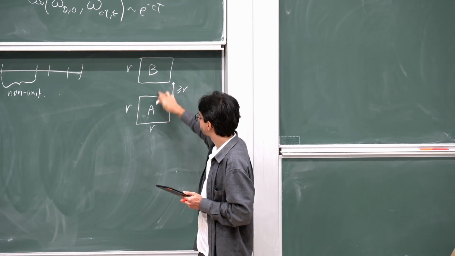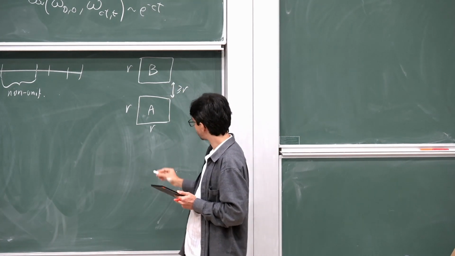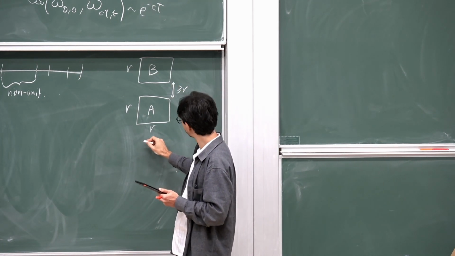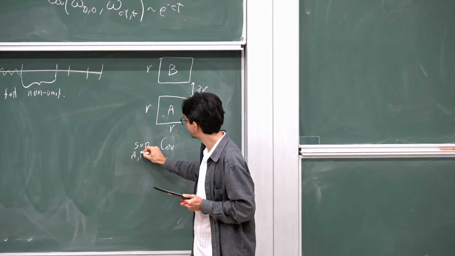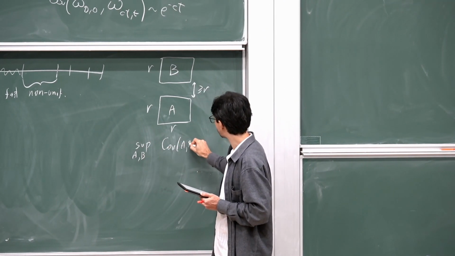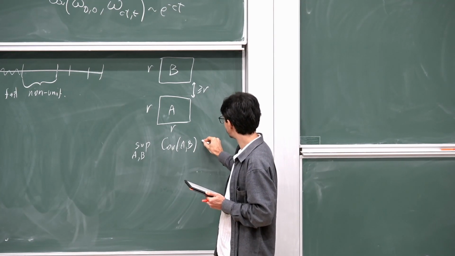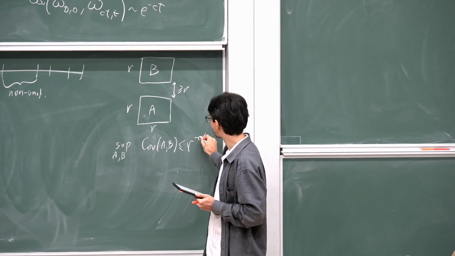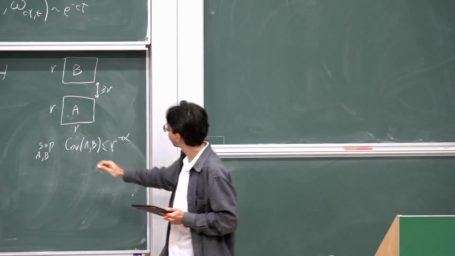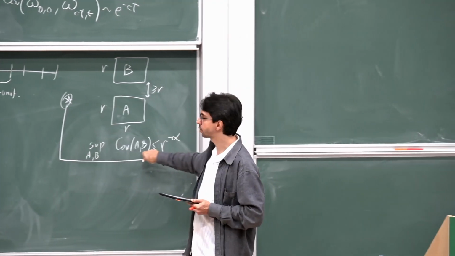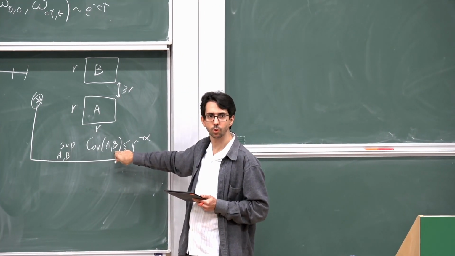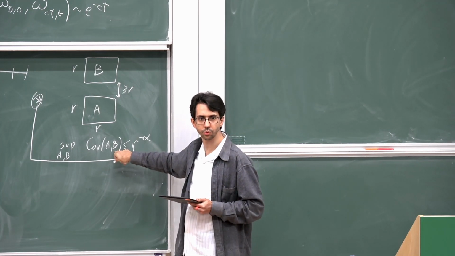And you take these two events, and you suppose that the covariance, the supremum over A, B again, the covariance between them is decaying as r to the minus alpha. And I'm going to call this condition star. You see I'm not dividing by the probability of A anymore, so this is what I mean by non-uniform.